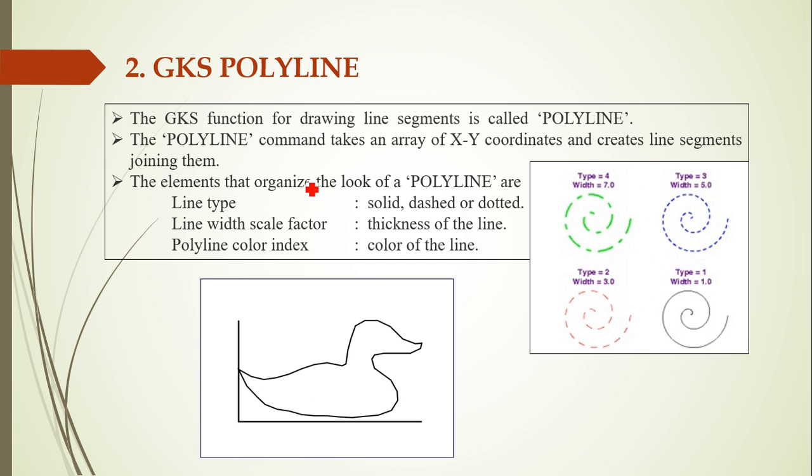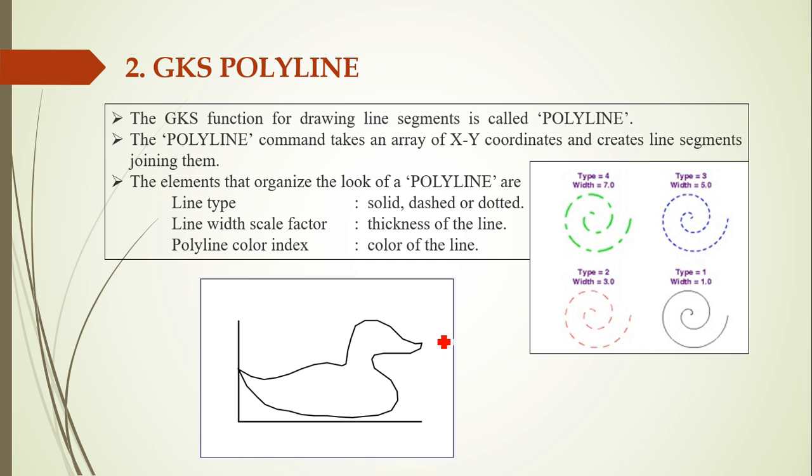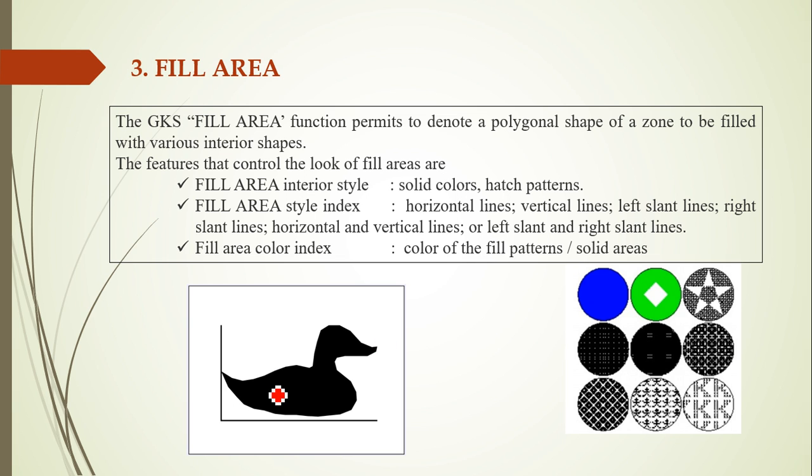The third one is GKS fill area. We have already made a drawing, just a drawing of a duck. You could visualize that. In this particular drawing, you have made the outline, and the next step is to fill the area. These are some of the types of area fills available within the GKS primitive.